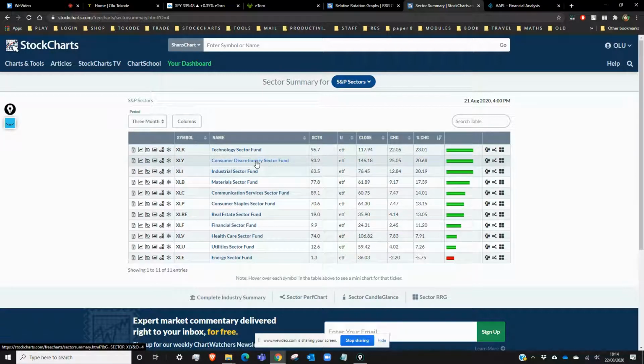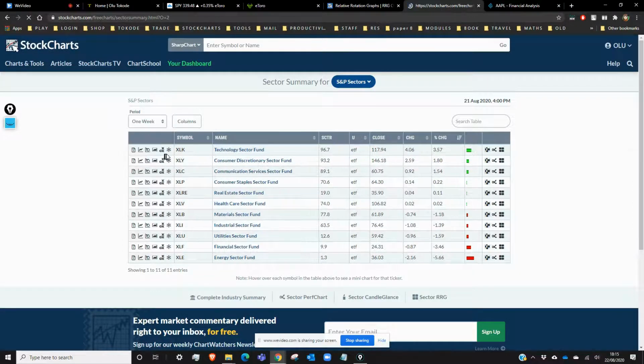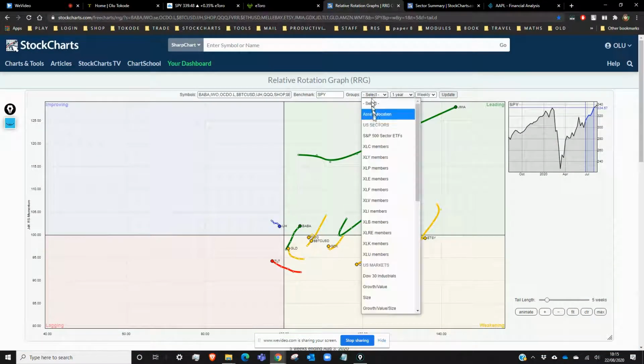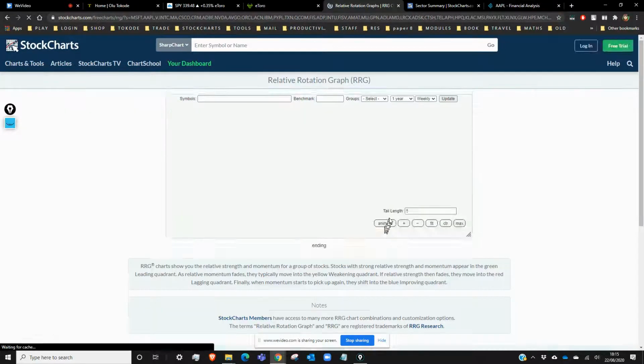So I'm going to pick some stocks from the technology sector, since it's the best performing sector. And I'll do that by opening up an RRG chart for the technology sector, XLK.